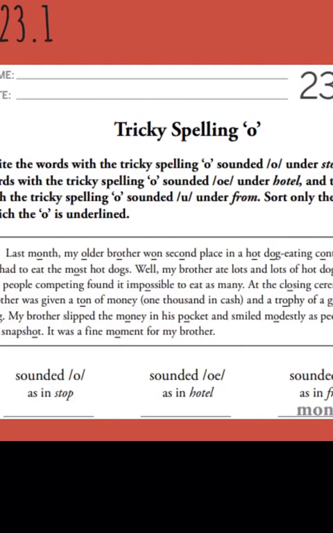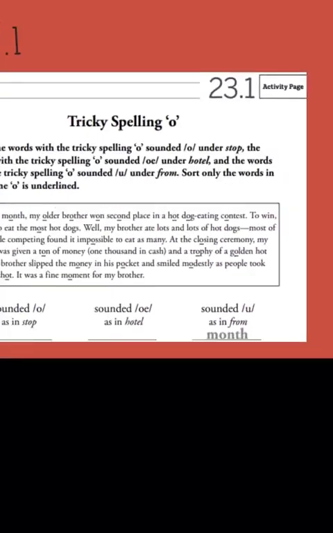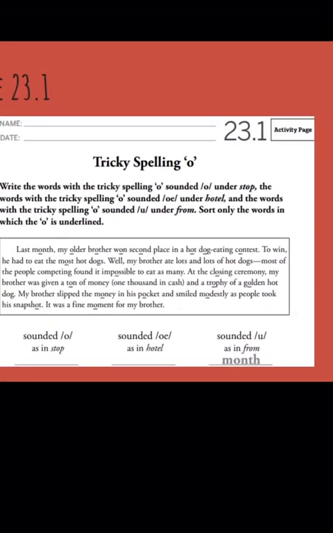Is it saying its name? Month. No. Here we go. Let's look at this one. Is it making the sound like in from? Month, and from? Yeah, it is. So month is going to go under that third section there. Okay, everyone see it? Let's do another one.